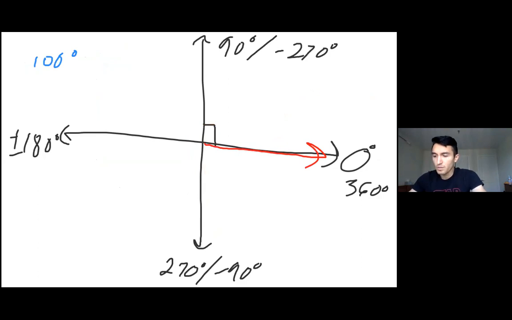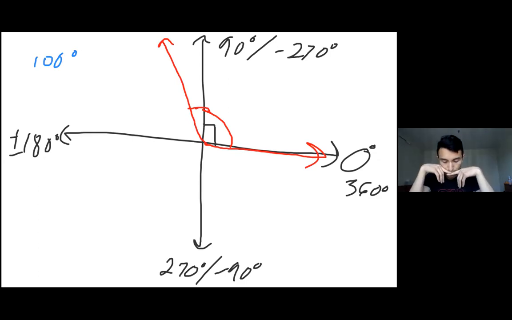And then 100, so if we rotate, 90 is like right here, obviously, but we're not making a right angle. We're doing 10 degrees more, so you kind of just estimate. Obviously, if you have a protractor, you can be more exact, but you just estimate. So if I go 10 degrees more, I'm going to say right here. That's my terminal side because that's where I end. And that's 100 degrees. It's a 100-degree angle, right? So it's bigger than a right angle. So that's why it looks wide, more open. That's that.